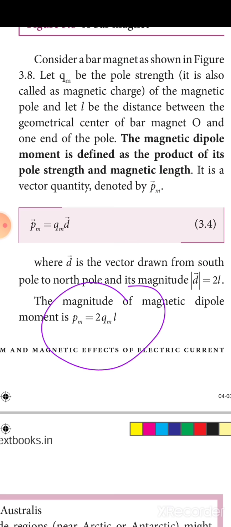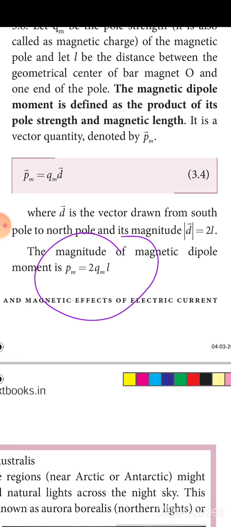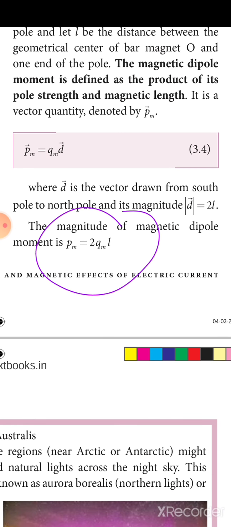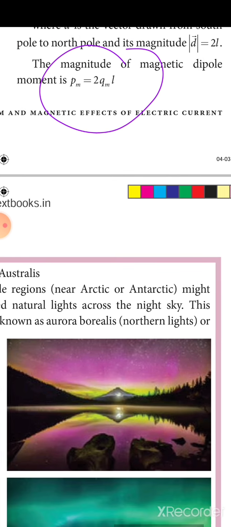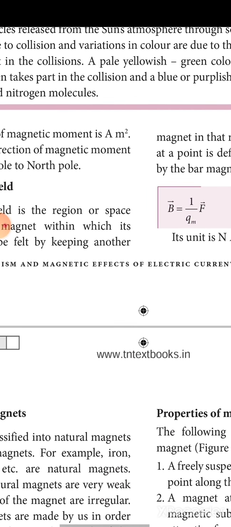This question is asked frequently: define magnetic dipole moment and give its unit. Magnetic dipole moment is defined as the product of its pole strength and magnetic length, and its unit is newton ampere per meter square.